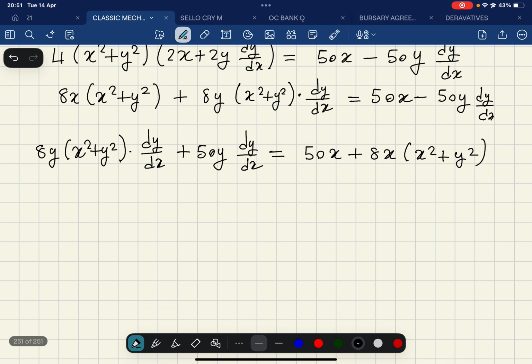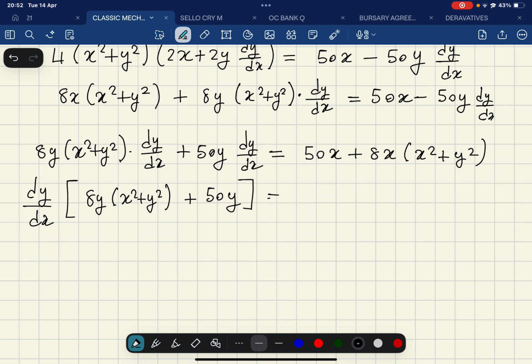So from there, I will remove common factor of dy over dx, which is going to remain 8y into x squared plus y squared plus 50y. I close the bracket. I will have 50x plus 8x into x squared plus y squared.